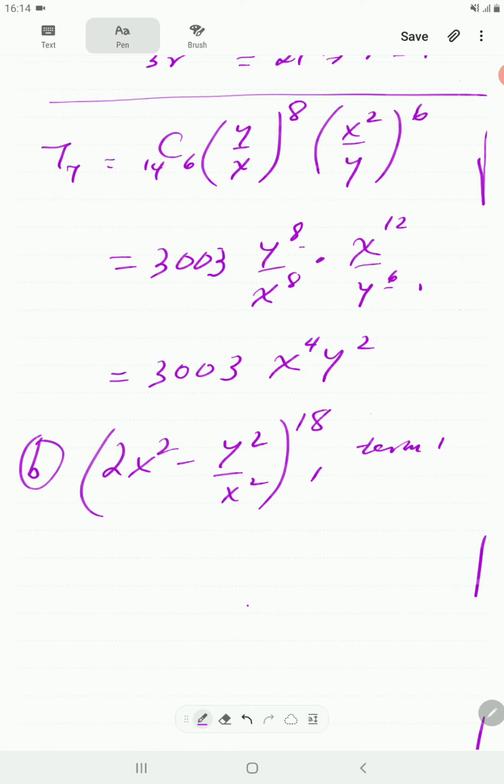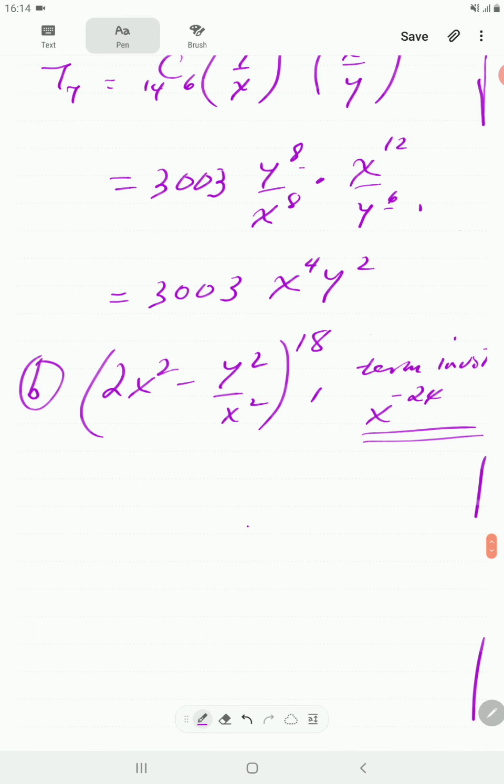We want the term involving x to the power negative 24. We're just going to do this bit of the question here, and I'm going to use the second method.